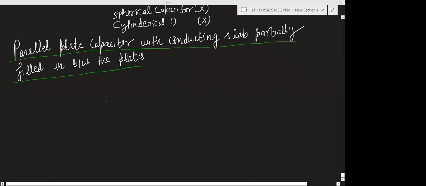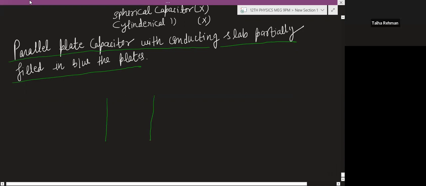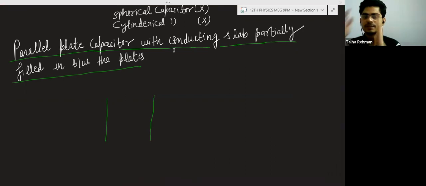Let's see, Hamza. This is the front view. You can see here, these are the parallel plates. And now you are only seeing this part, this straight line. So you are only seeing the front view of the plate. So we represent a capacitor like this.